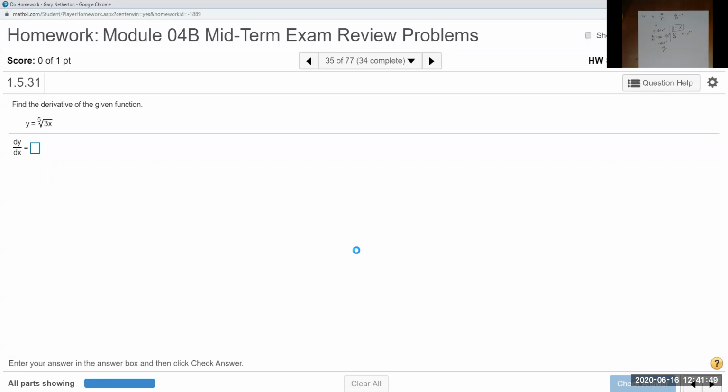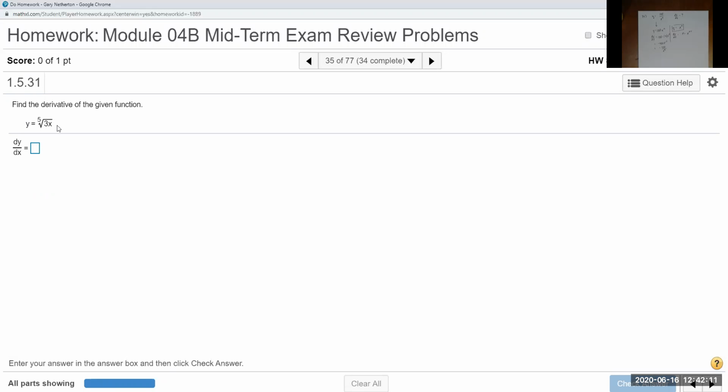Here's another case. y equals the 5th root of 3x. The way this is written, it's not in the form that I can use the power rule. The power rule says you have to have your variable raised to some kind of number exponent. I don't have that here.